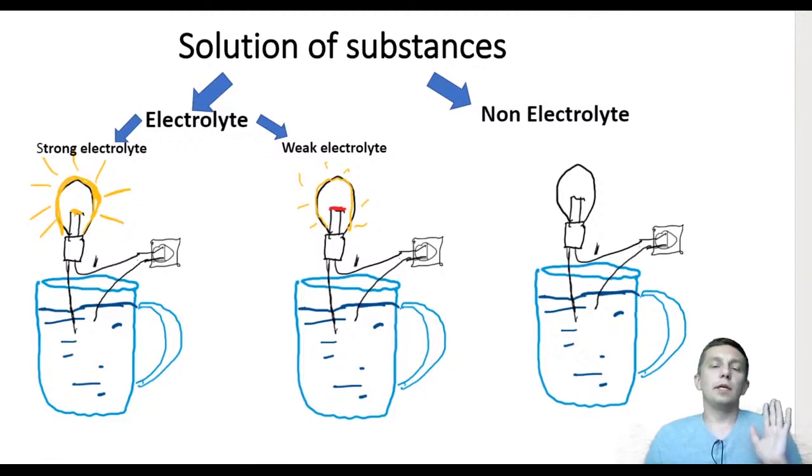Some electrolytes we name weak and they do not conduct very well. Strong electrolytes are a small group of mineral acids. Strong bases are the first and second groups of elements from the periodic table, and some salts. Most acids, most bases are weak. So you just memorize strong and all the rest are weak.